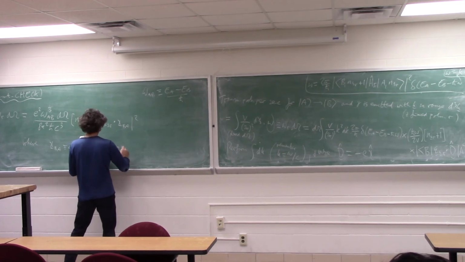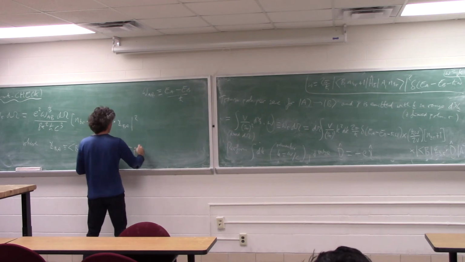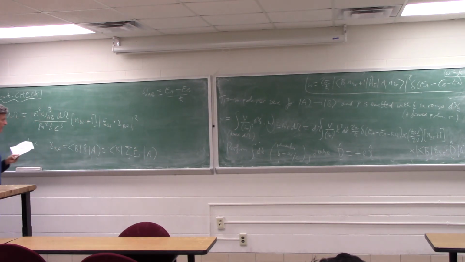In other words, just to remind you, x was defined to be this sum over the position operators of the atoms. Let me just check I've written this down correctly.